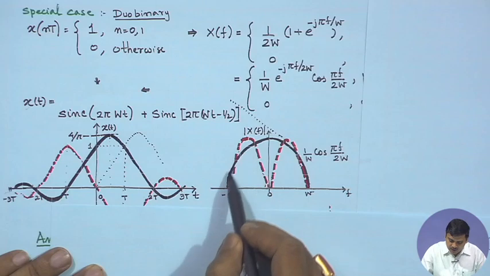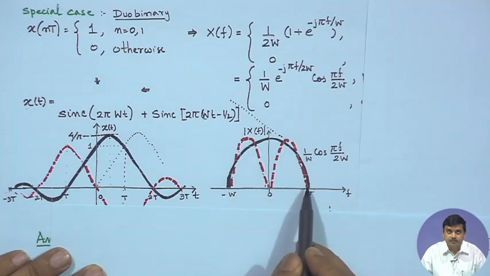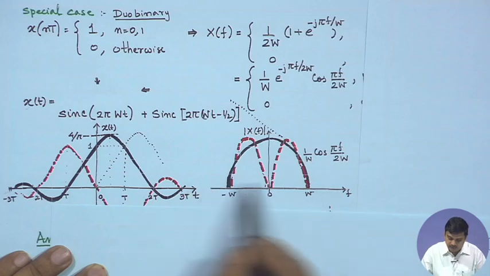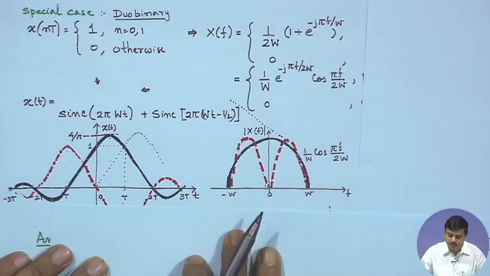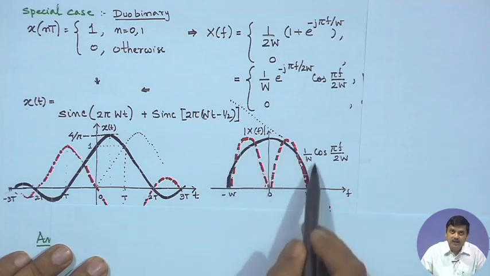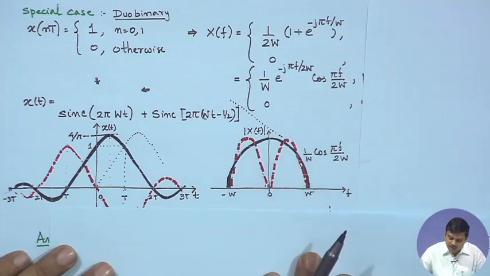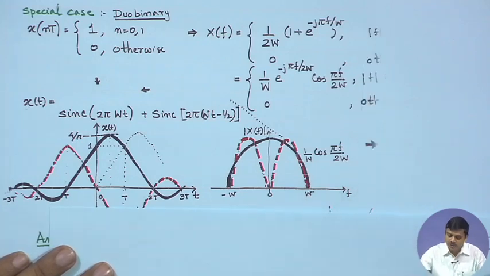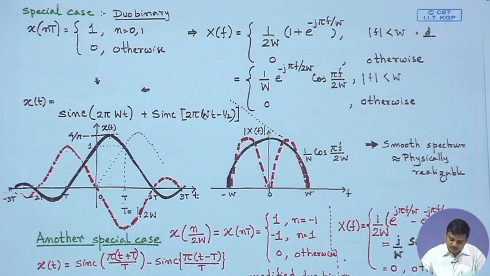If we focus on this spectrum, it is much more realizable, it falls off smoothly, and beyond that it is 0. So, this is much more realizable than the Nyquist filter, and we would restrict ourselves within the W spectrum that we need, and yet we are able to signal at the Nyquist rate.